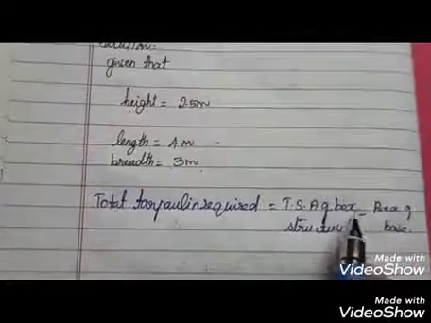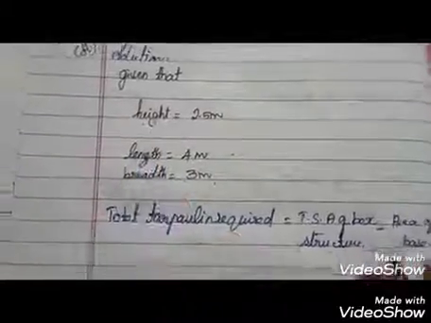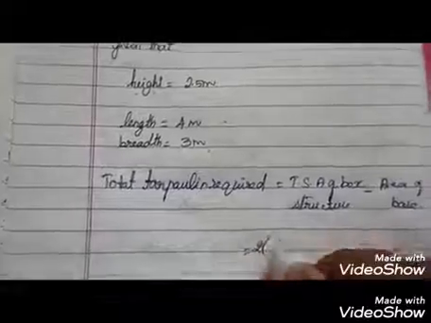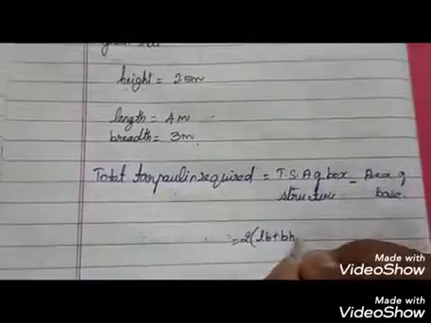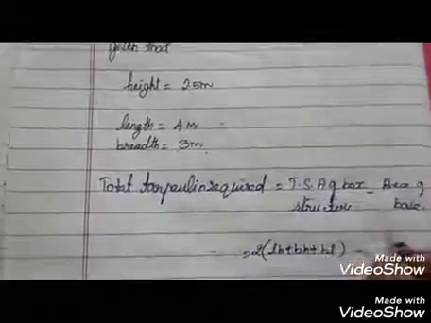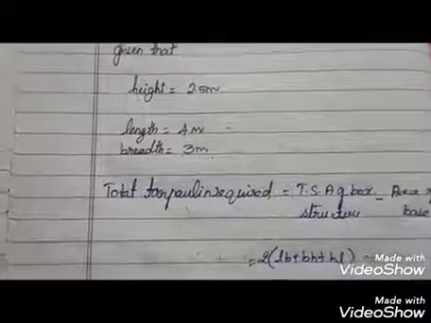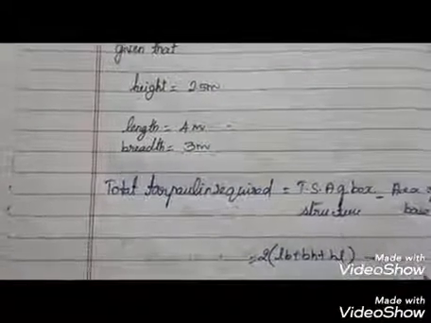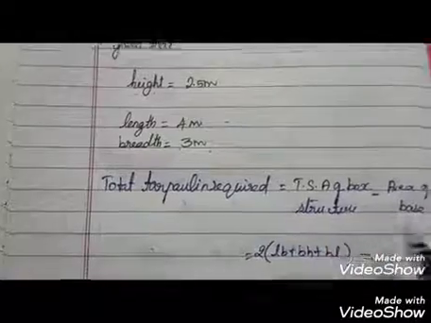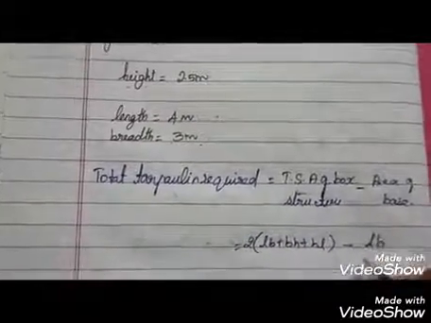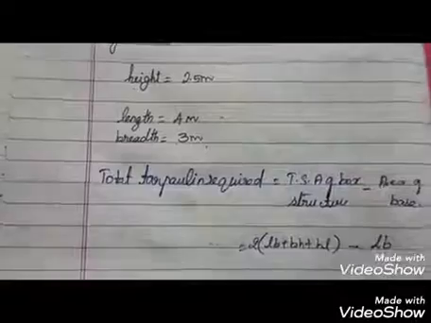The box structure is a cuboid, so it is 2 into (LB plus BH plus HL) minus the base. The base is length and breadth, so minus LB. So we just have to substitute the values.